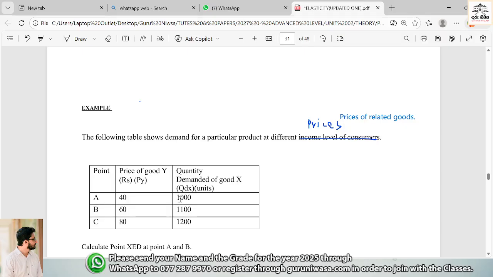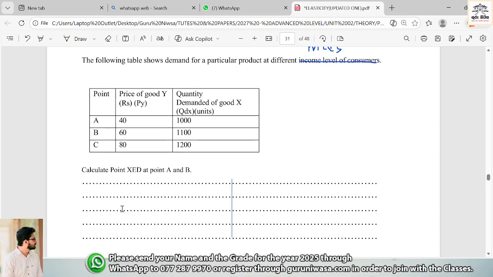So 1000 units of product X are demanded at price 40. Here 40 means price of PY. First one, calculate point XED at point A and B.